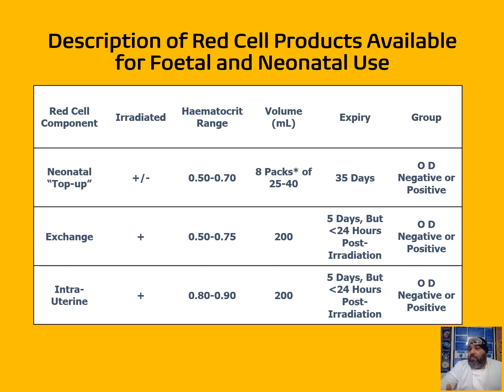There is then in this table an overview of exchange and intrauterine as well. However, the table is there for general reference, so feel free to have a look and cross-reference with literature where applicable.